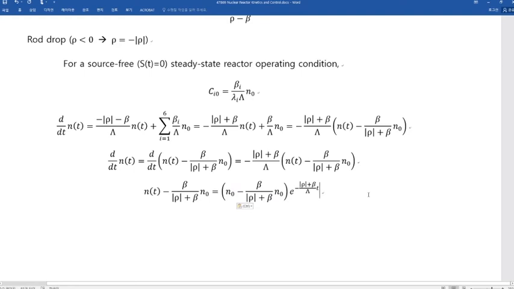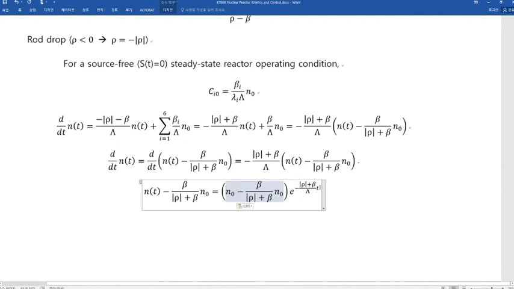And of course, at time 0 this will be the same as n0. So with this, we will be able to find out, let's see, if this would be n0, so when t equals 0, n0 times 1 minus the exponential of minus t.